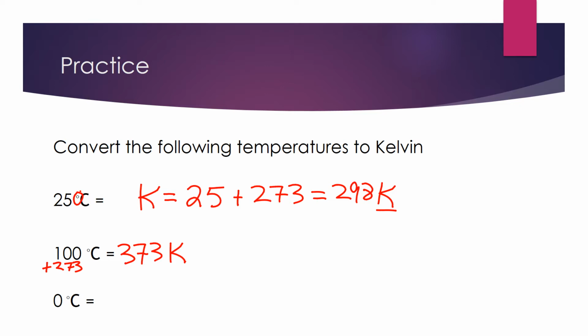Now for 0 degrees Celsius, if we want to convert to Kelvin, we're going to add 273. So 0 Celsius is 273 Kelvin. So remember, every degree in the Celsius scale is a degree in the Kelvin scale, only the Kelvin scale differs because it starts at negative 273 Celsius.